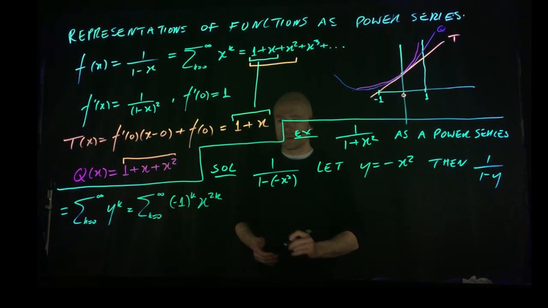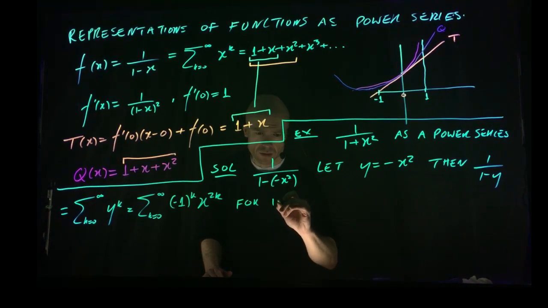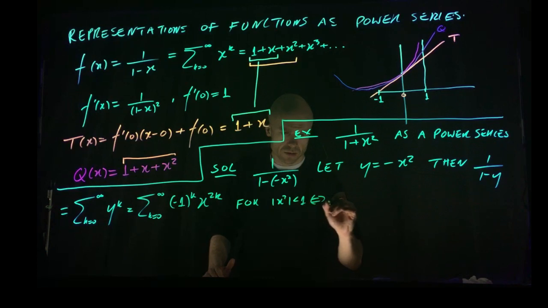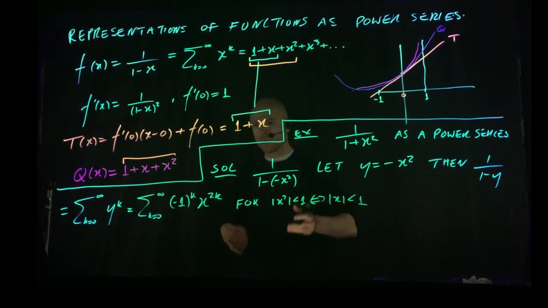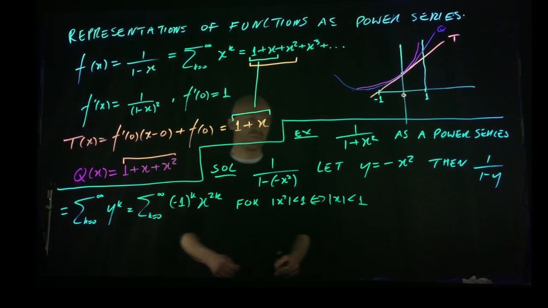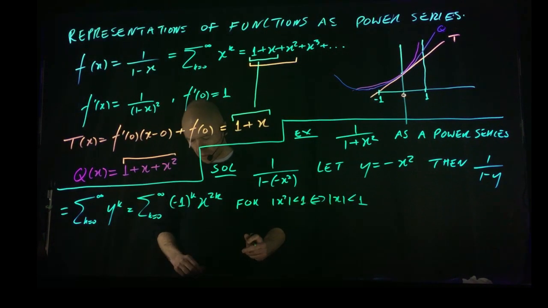That is our power series representation, so long as mod x squared is less than 1, but that is the same as just insisting that mod x is less than 1. So in this interval from -1 to 1, we can actually represent this function as this power series. Okay, cool.